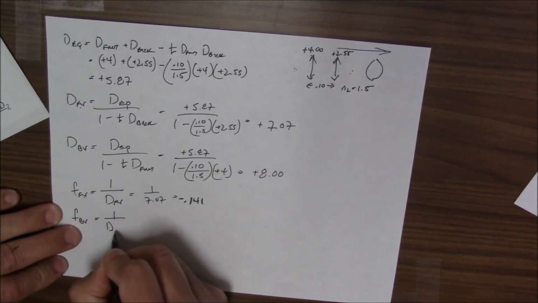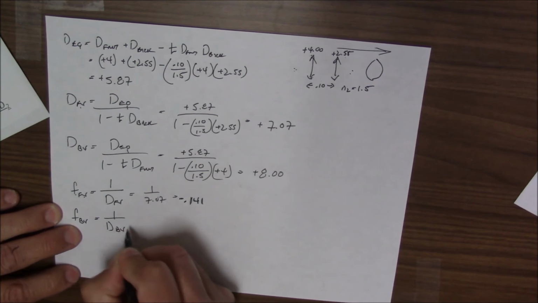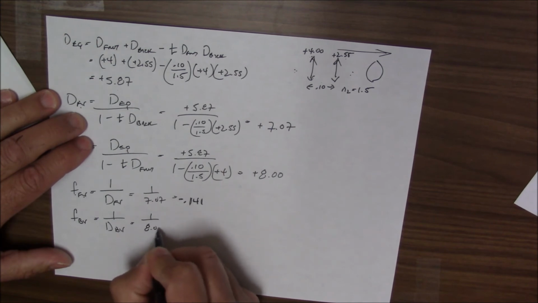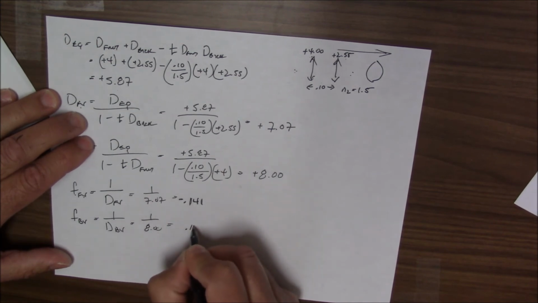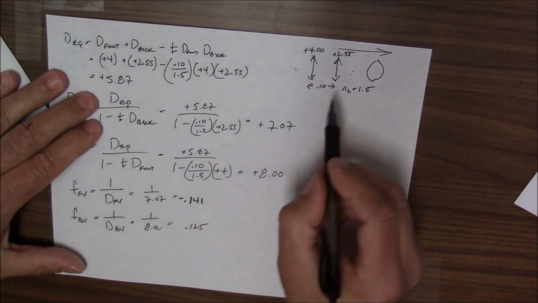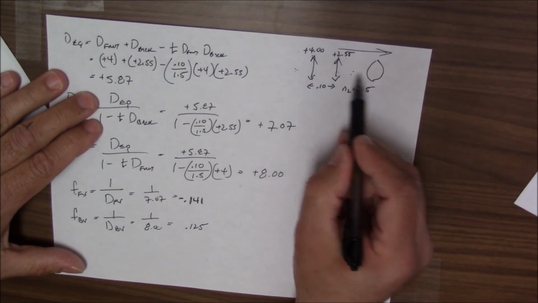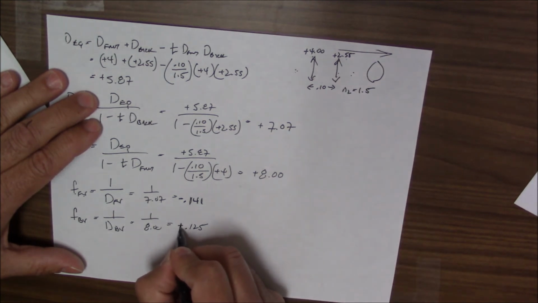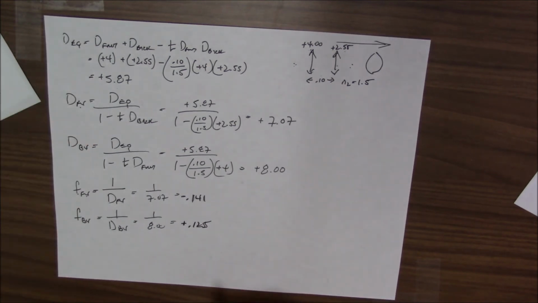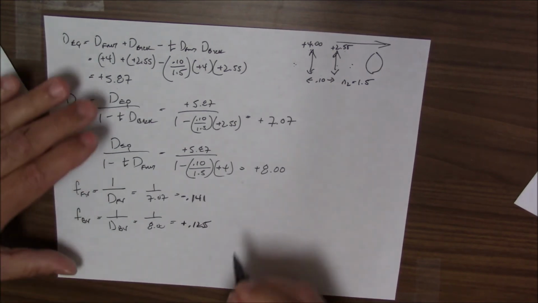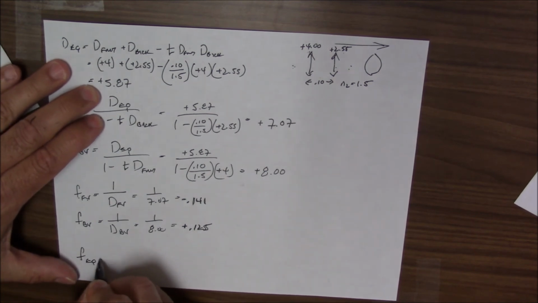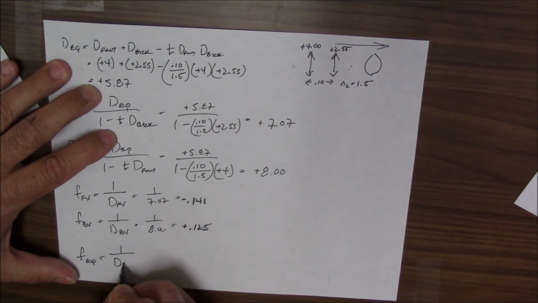I'm going to figure out where the focal point of the back vertex power is. That's going to be the inverse of my back vertex power. Okay, and the back vertex power we calculated here, and that's going to be 1 over the 8, and that gives me our 0.125 that we figured out before. All right, but once again, that is going to be on this side. So between the lens and the eye, that's going to be a positive direction. So that's a plus 0.125. All right, I need to find out where my equivalent length is going to be. So the focal distance of my equivalent power is going to be nothing more than the inverse of the equivalent power.